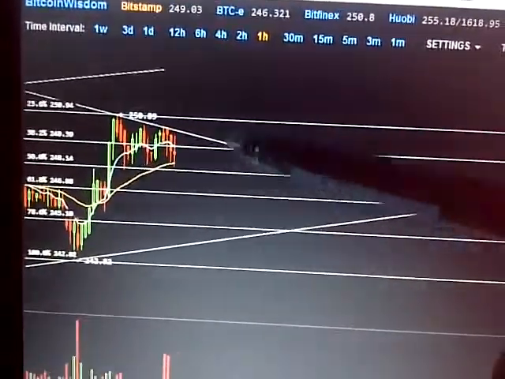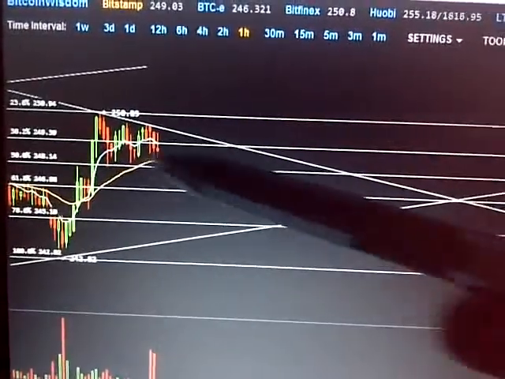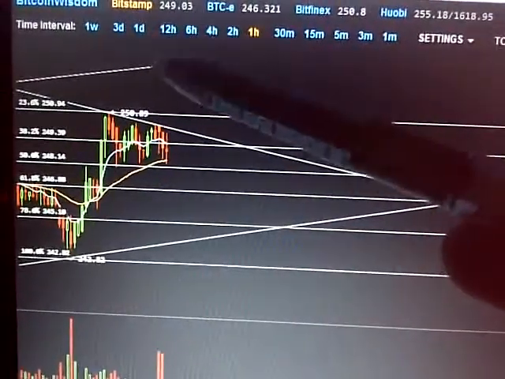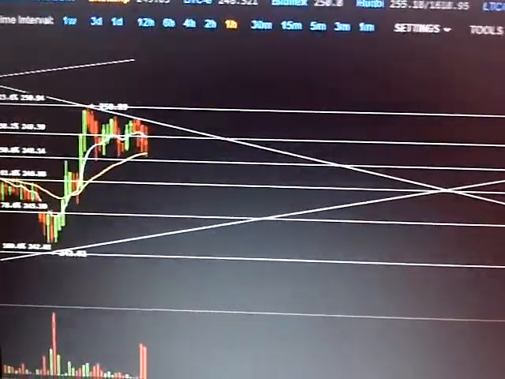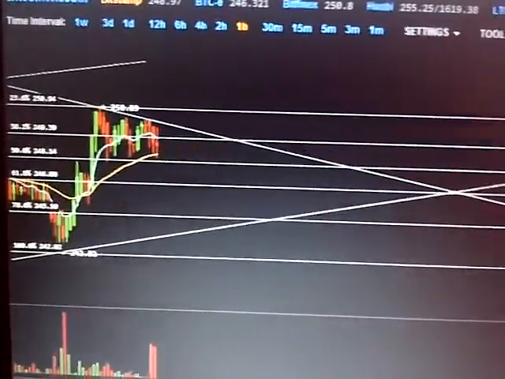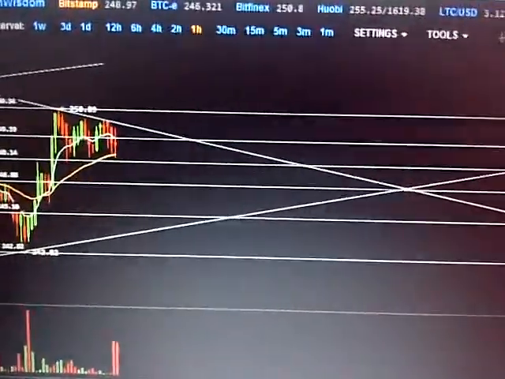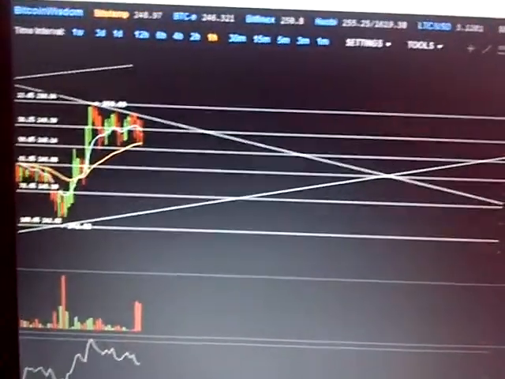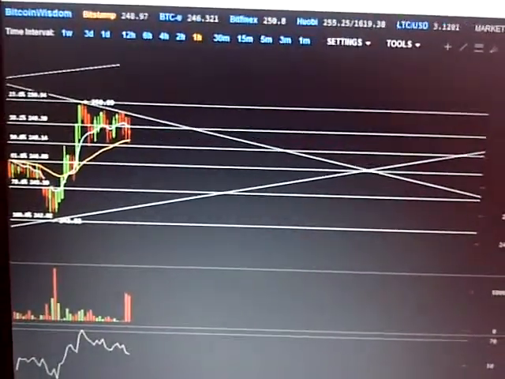We'll see how that plays out within the channel, and we'll draw another resistance from the top going down to see if it breaks out or breaks up or breaks down. And so this is what I'm going to be doing. So I'll cut in, cut out.